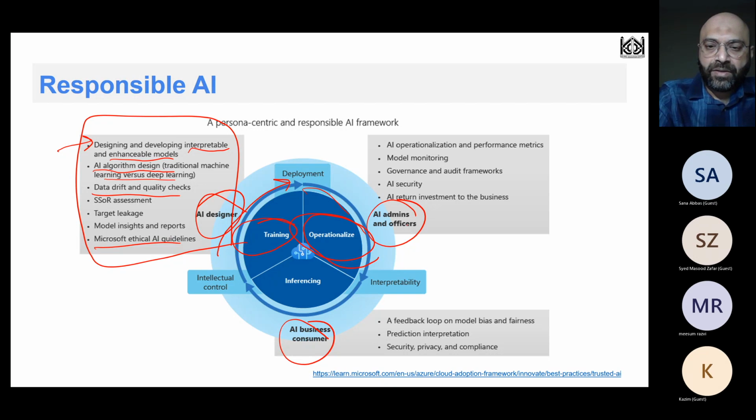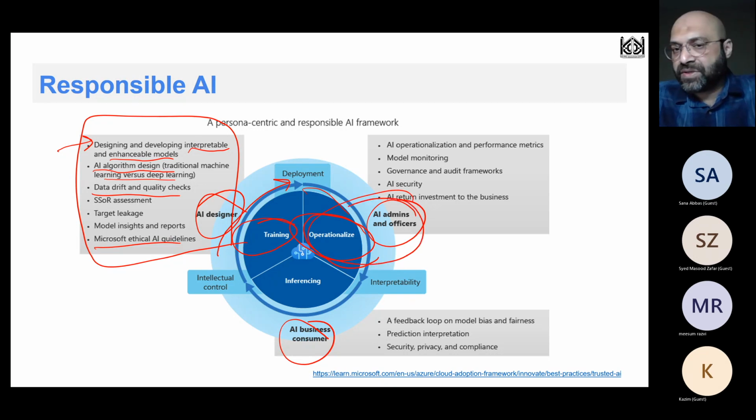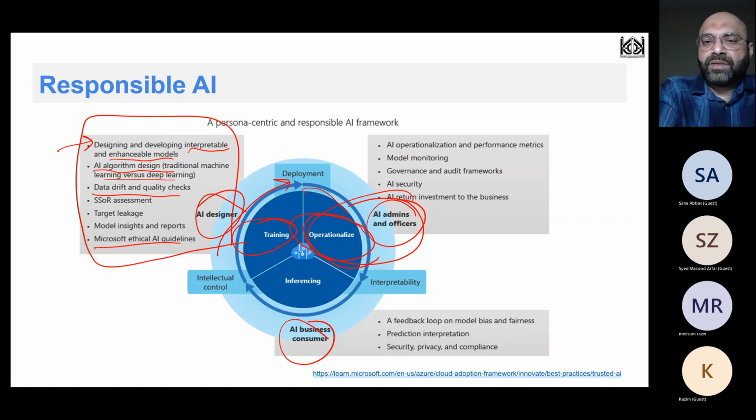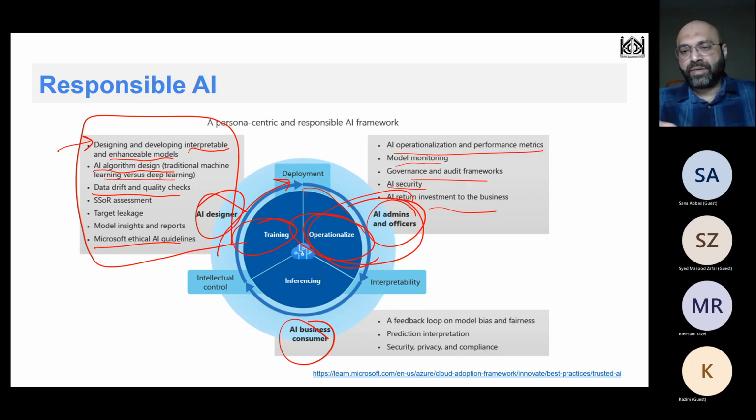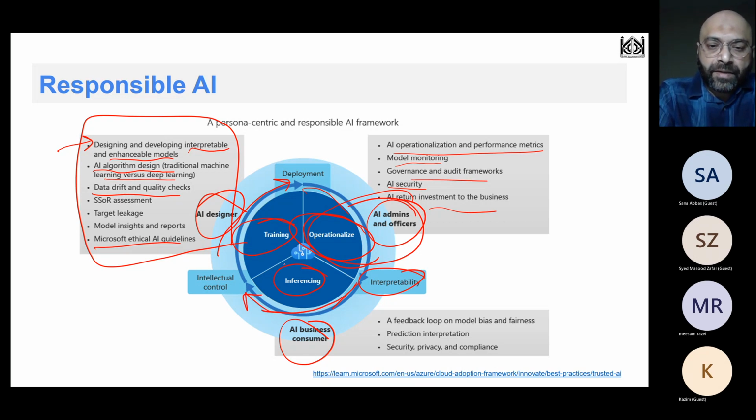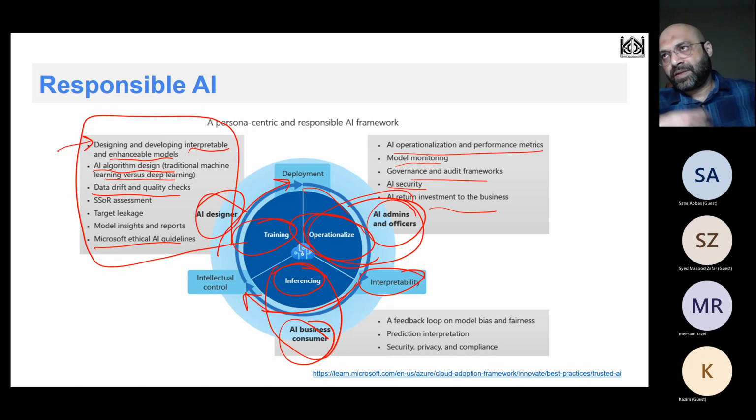The second persona is those people who are going to operationalize it. So AI operationalization, and the performance metrics that I need to be aware of. Model monitoring, security, return on investment, governance, and audit frameworks and all that. I should be aware of those, to make sure they are going in the right direction. Once I operationalize it, the business is going to interpret that and infer the results out of it.